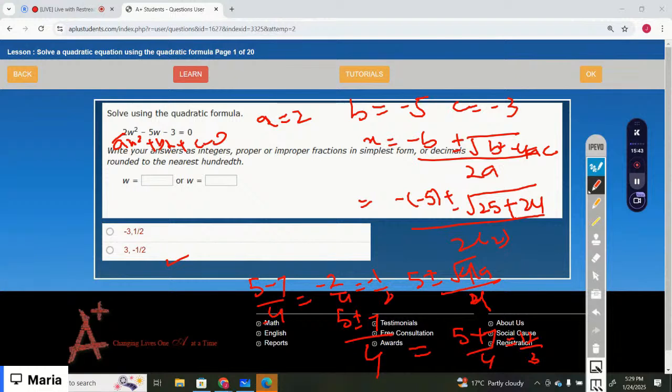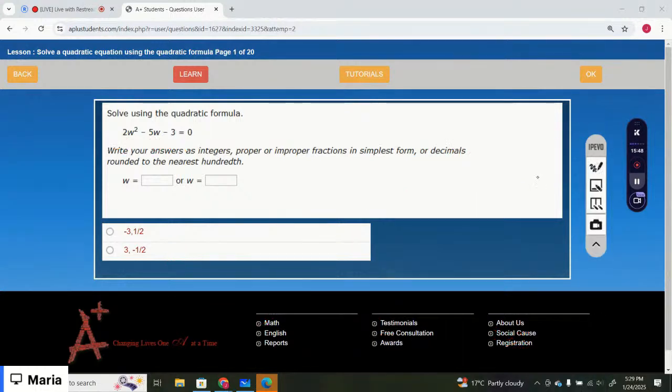Okay, let's just move on to the next example. The correct option is 3 and negative 1 by 2.